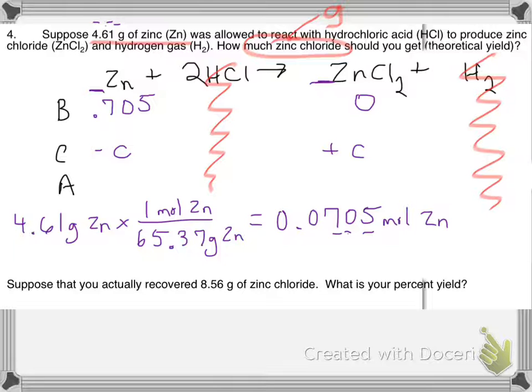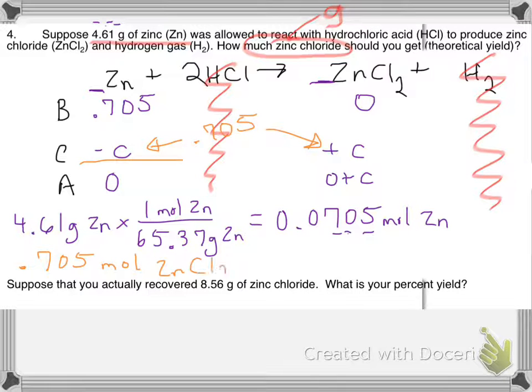And then after, our reactant will be 0 now, and our product will be 0 plus C. So we need 0.705 minus C to equal 0, so that would make C 0.705 as well, because 0.705 minus 0.705 gives us 0. We'll plug that in here, and notice we form 0 plus 0.705 moles of zinc chloride, so we really have 0.705 moles of zinc chloride.